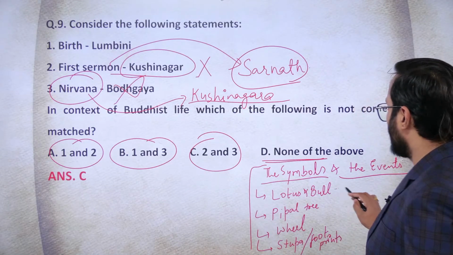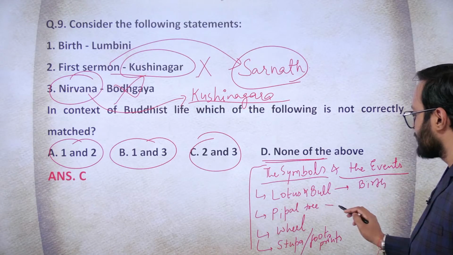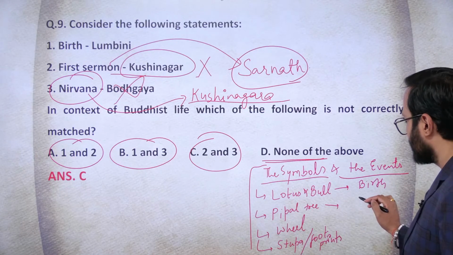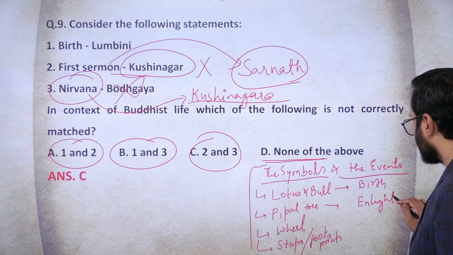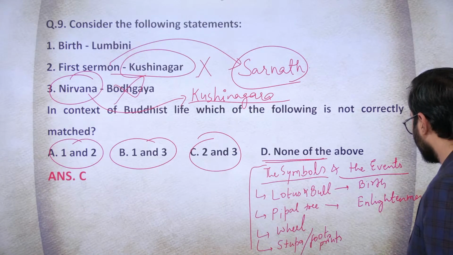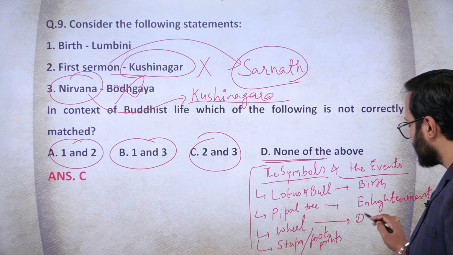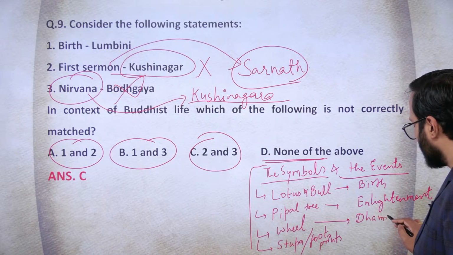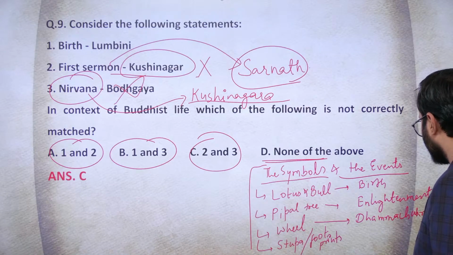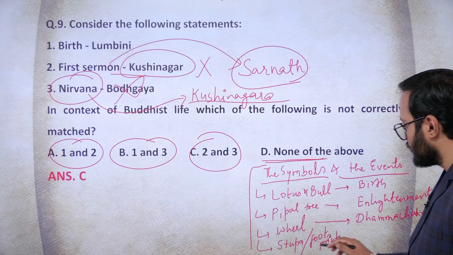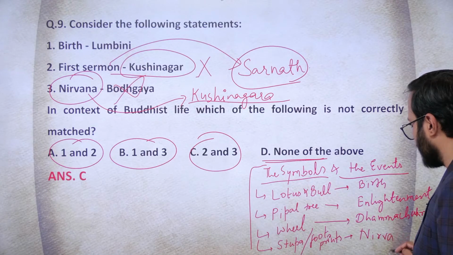So lotus and bull, the birth of Buddha. Then peepal tree, the enlightenment. The wheel is basically for the Dhamma Chakra Pravartan. Stupa or footprints is for the nirvana.